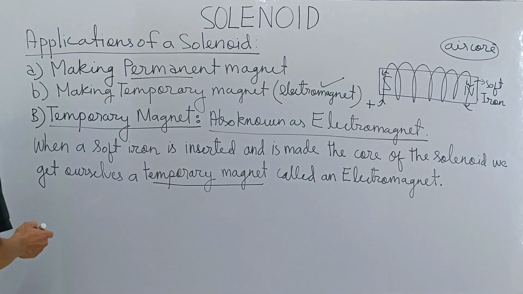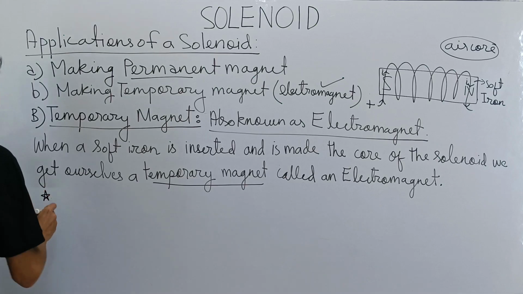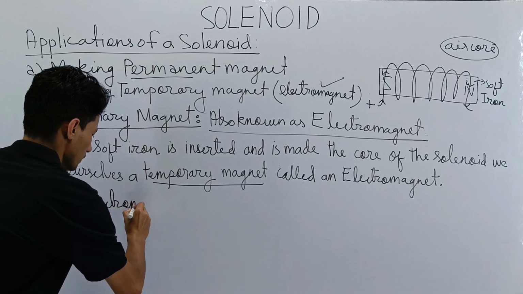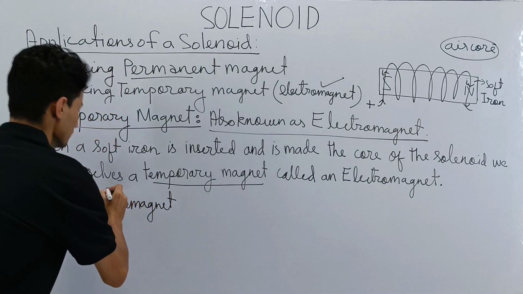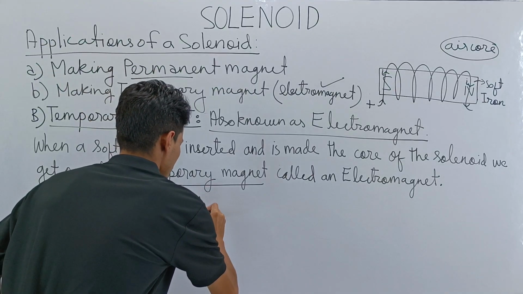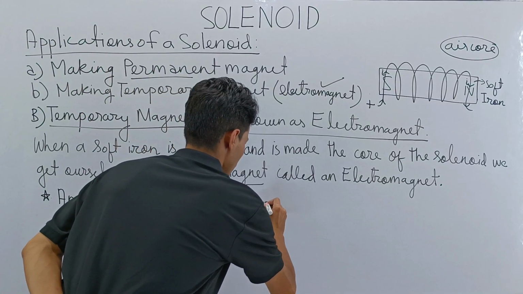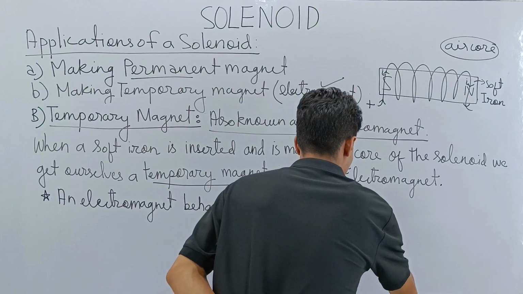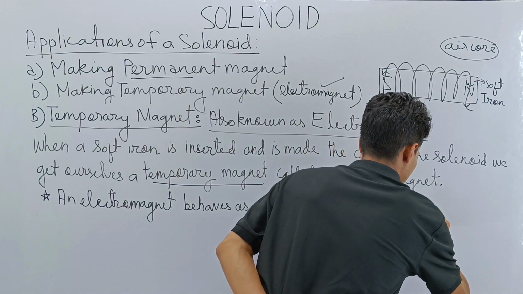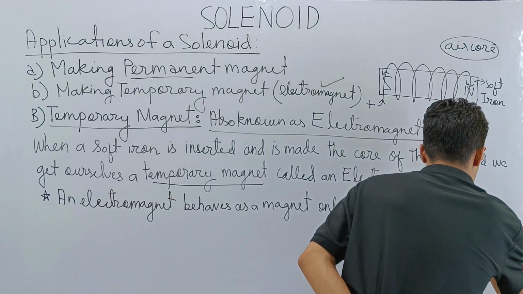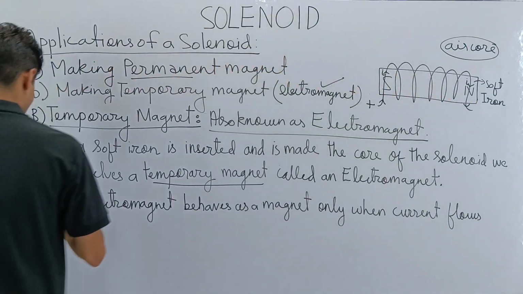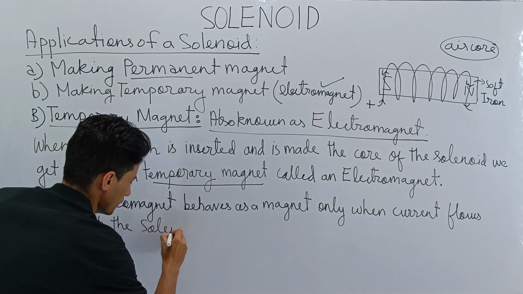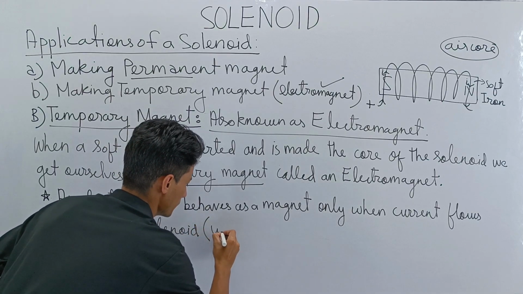Okay, so let's write down this point. Let's write some important points. Put a star: an electromagnet behaves as a magnet only when current flows through the solenoid, or you can also write wire.